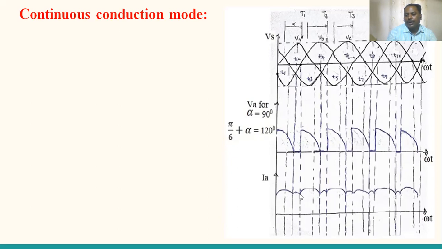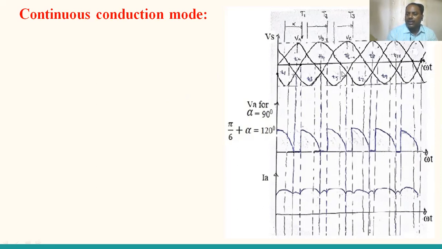When T1 and D3 are operating, the current passes from source to the load, and during the freewheeling diode conduction, the motor current continuously passes through the freewheeling diode. After that, again at 240 degrees, T2 will be functioning. Which is the highest negative potential? Phase A is the highest negative potential, and phase A is connected to diode D1. So T2 and D1 are functioning. This process keeps on continuing.